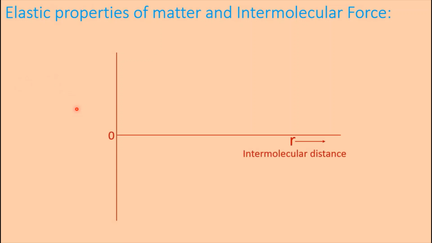Elastic properties of matter and intermolecular force. We will see graphically the relation between intermolecular force and intermolecular distance. We know what is intermolecular force and what is intermolecular distance. In this direction is intermolecular distance and in this direction intermolecular force.